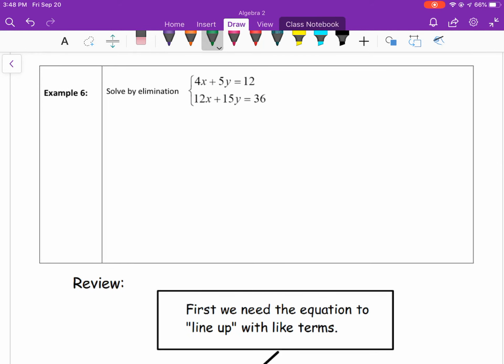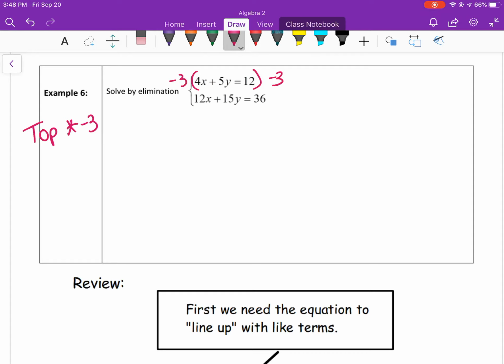Okay, the last example. Again, we do not have opposites. We don't have one that's positive and one that's negative, so you can choose which variable to eliminate. I have a 12x on the bottom, so I can make the top a negative 12x. Since the bottom's positive, I need the top to be negative. So I'm going to take the top times negative 3.